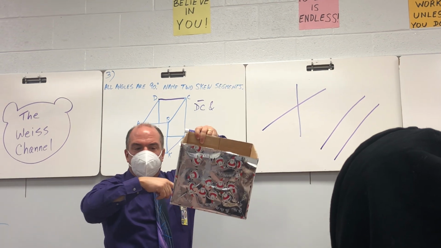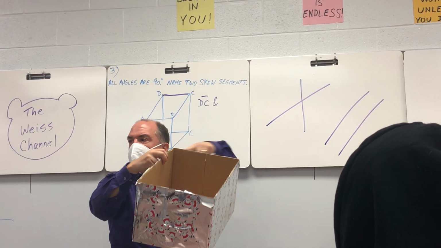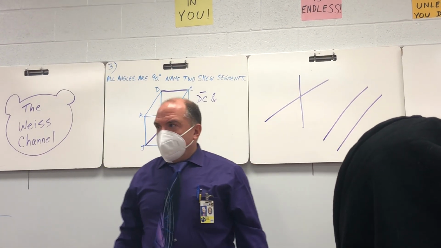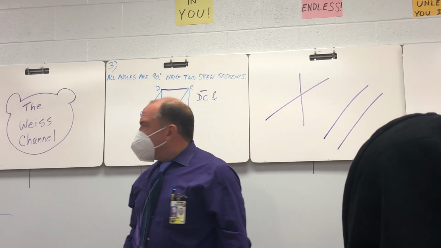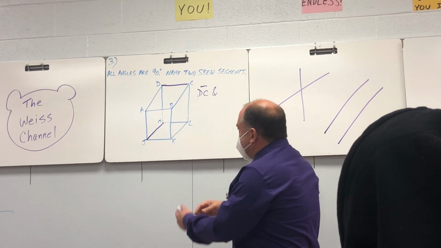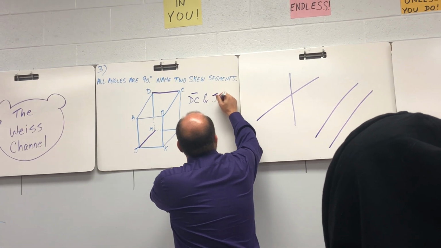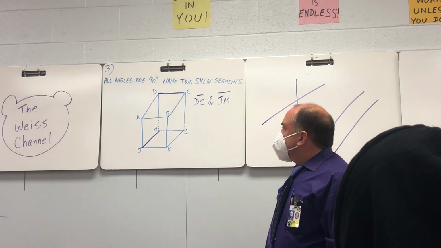It's all skewed up. This is way over here. It will never touch this guy up here. That's called skew. Can I have a nod if you understand what I'm saying? DC and JM are called skew. They will never touch.